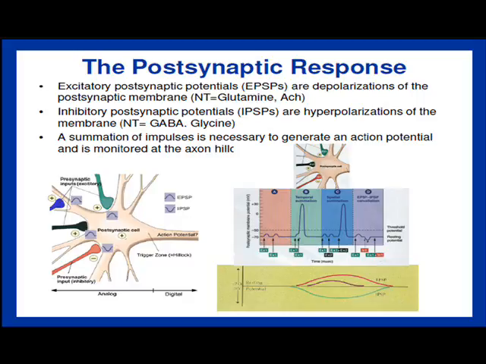You've got EPSPs and IPSPs, excitatory and inhibitory. Depending on how many are coming in, that's all summed up, and then does it reach threshold? If it reaches threshold, you fire an action potential. So it's not just a case of always firing an action potential. In some cases you want to inhibit the response.